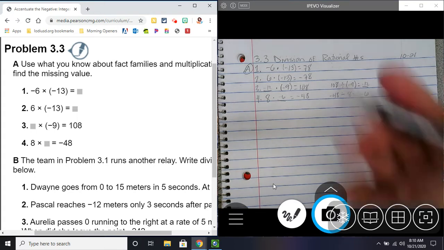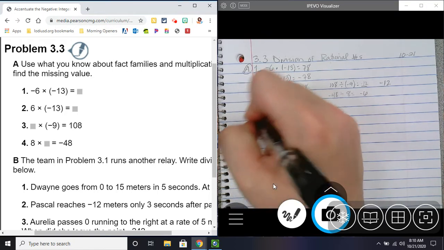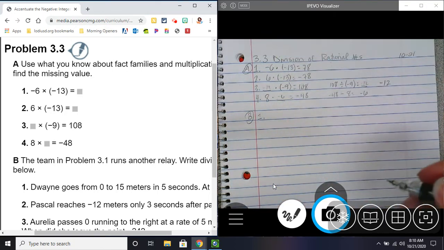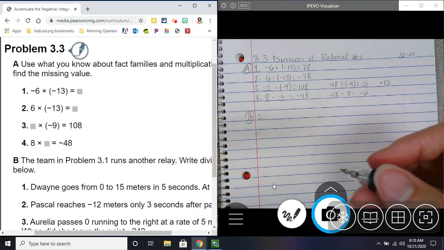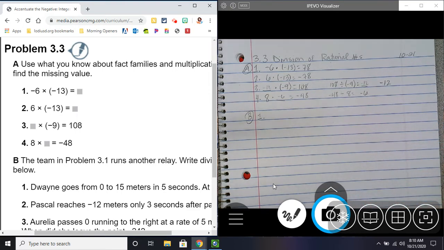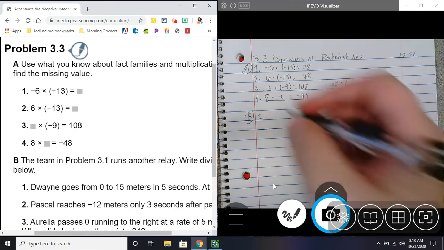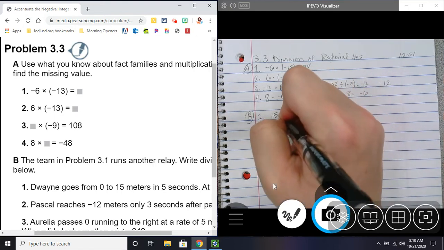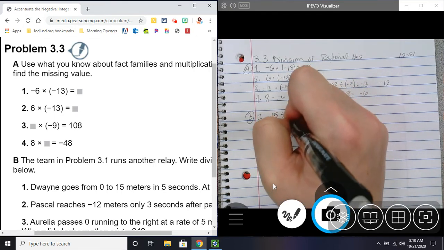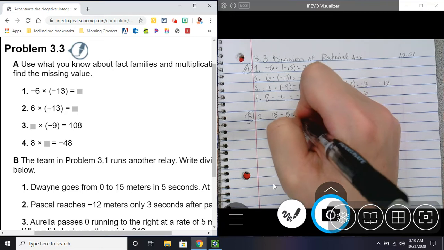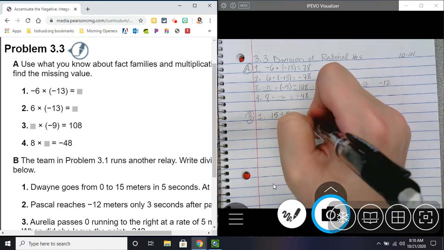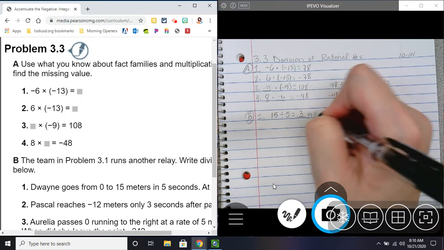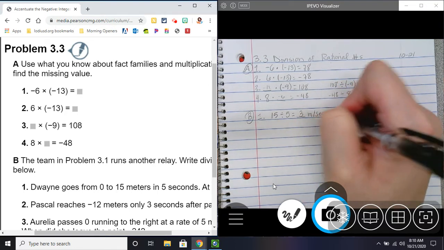So you have 0 to 15 meters in 5 seconds. 15 meters, 5 seconds. How many meters per second? 3 meters per second.